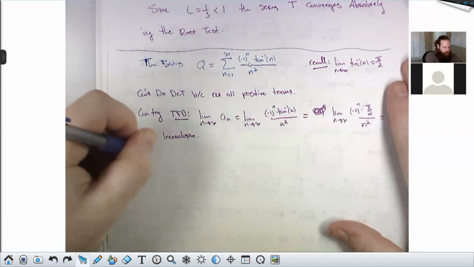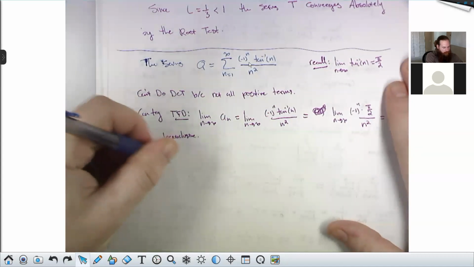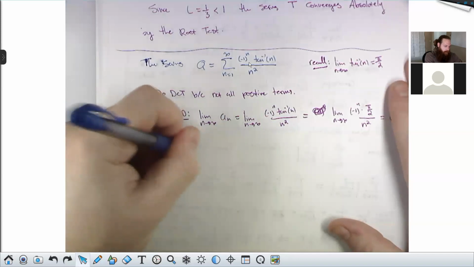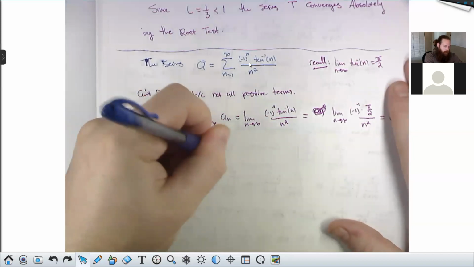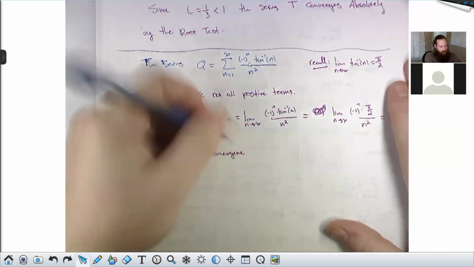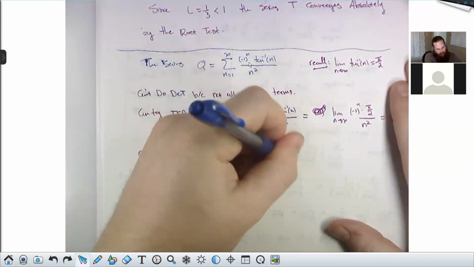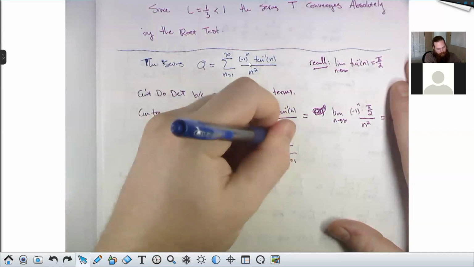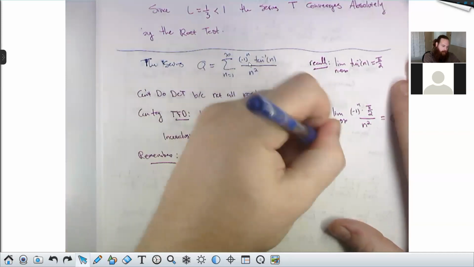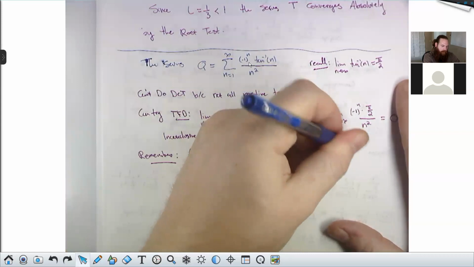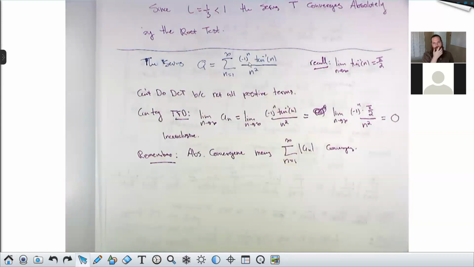Remember, absolute convergence means that the absolute value series converges.